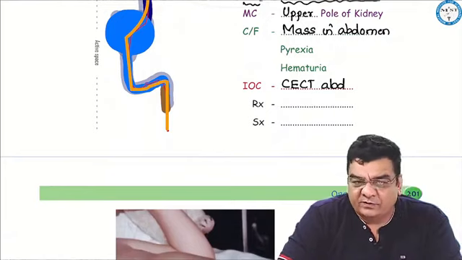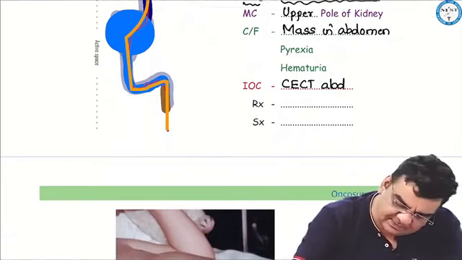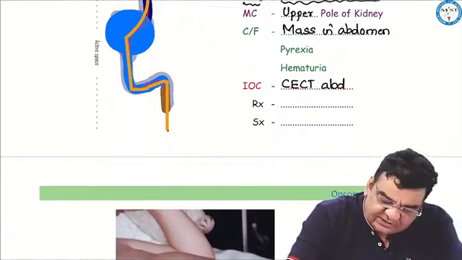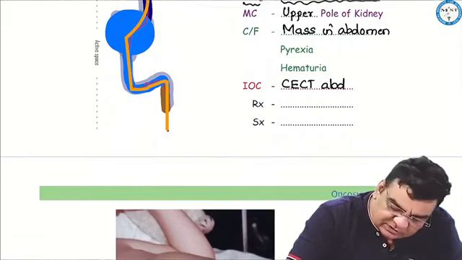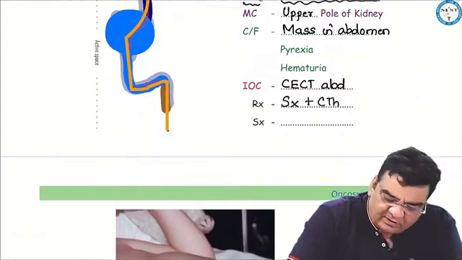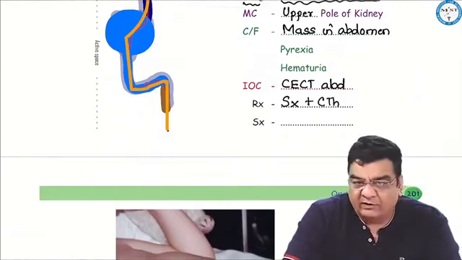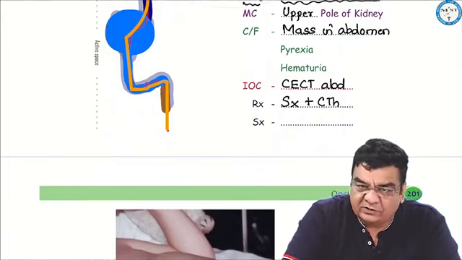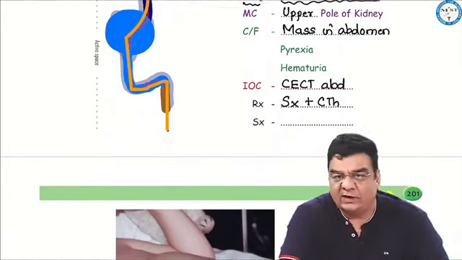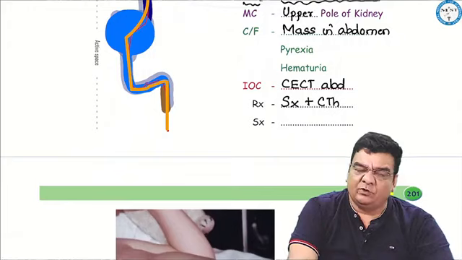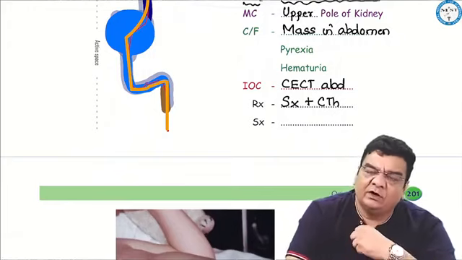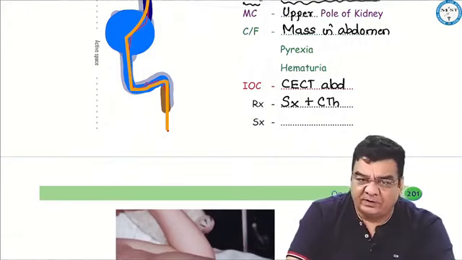And in the treatment for Wilms tumor, beta, since it is a mixed tumor, it responds to all forms of therapies, surgery plus chemotherapy. We can even use radiotherapy in the treatment of Wilms tumor. Like for stage 1 and 2 Wilms, we use surgery and chemo, while for stage 3 and 4, we also add radiotherapy.